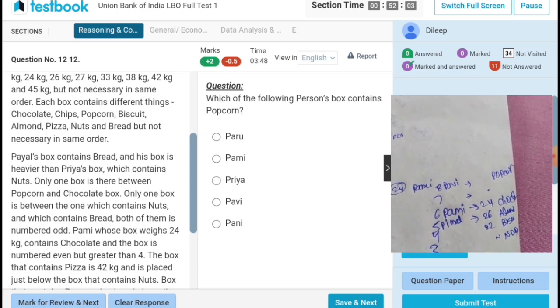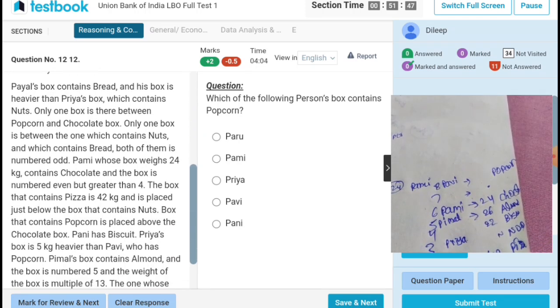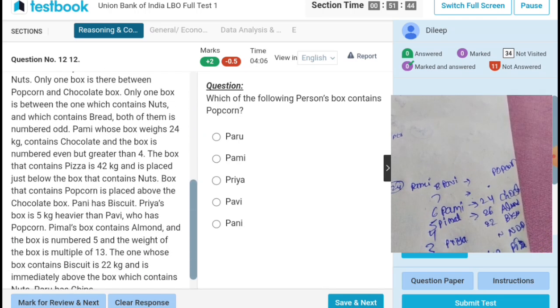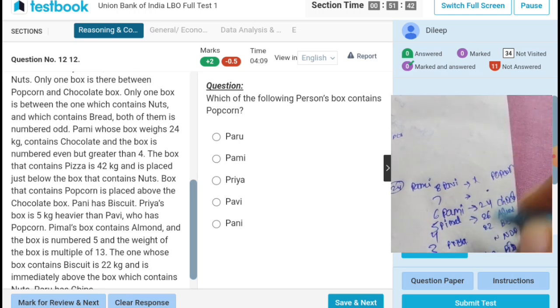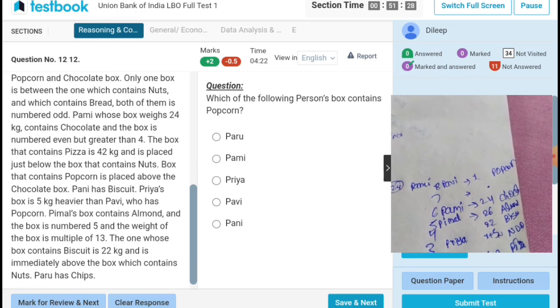Payal has bread and his box is heavier than Priya, which contains nuts. Pizza 42 is just below nuts. Priya is 5 kg heavier than Pavi, who has popcorn, and biscuit is 22 kg and is immediately above the nuts.